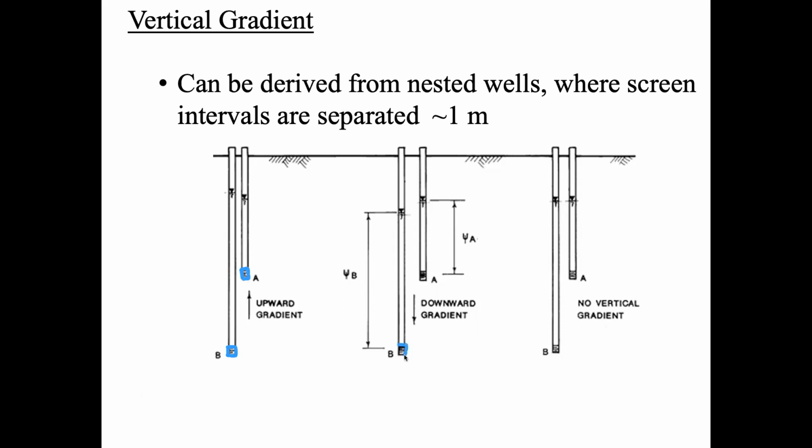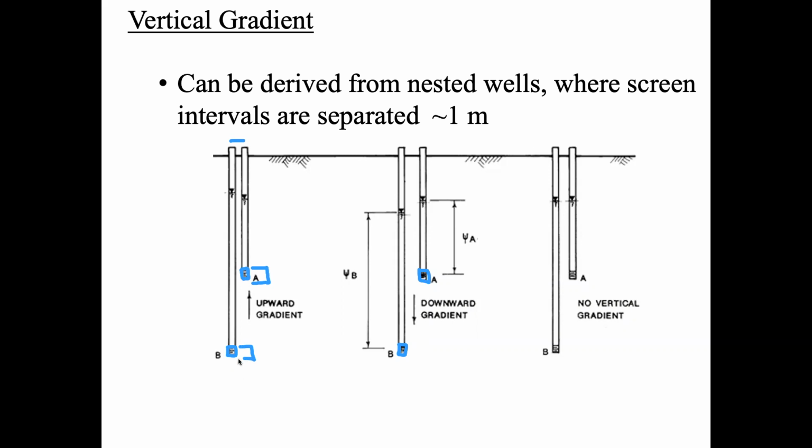We'll take a look at some of those later on. So those are our screens, and these wells are separated by 1 meter. They don't have overlapping screens, unlike the horizontal wells, because we want to make sure that this well is seeing a different portion of the aquifer than this well. So we want to make sure that they are not overlapping in this instance.